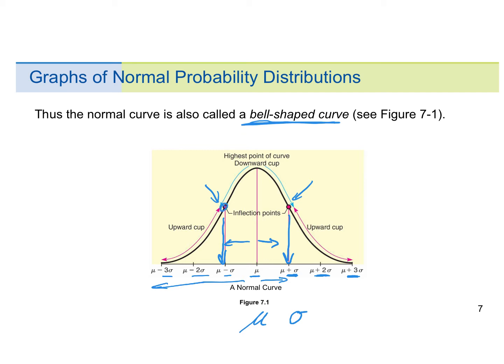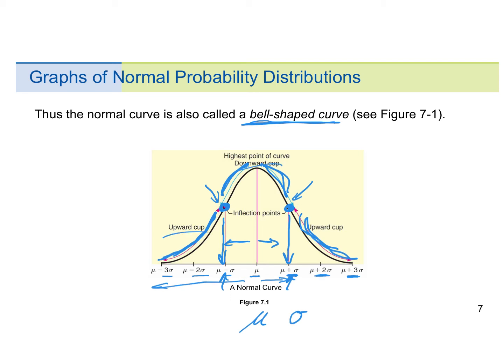And this inflection point, this guy right here and this guy right here, at that first standard deviation, where it goes up and meets the graph itself, it changes from, if you see this one has an upward cup, see how this is an upward cup? And then this is a downward cup. This is a downward cup. So therefore, those 2 inflection points is where the graph changes from an upward cup to a downward cup.